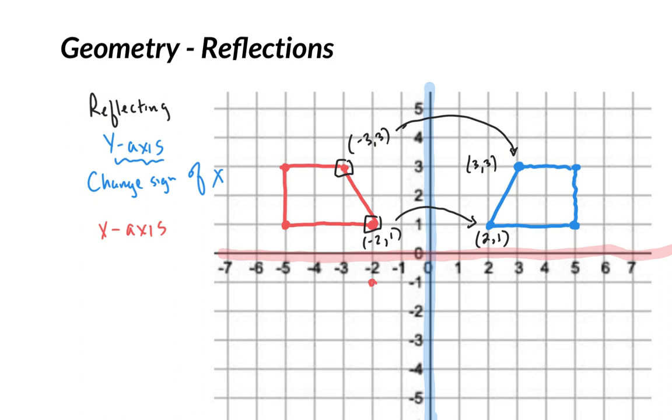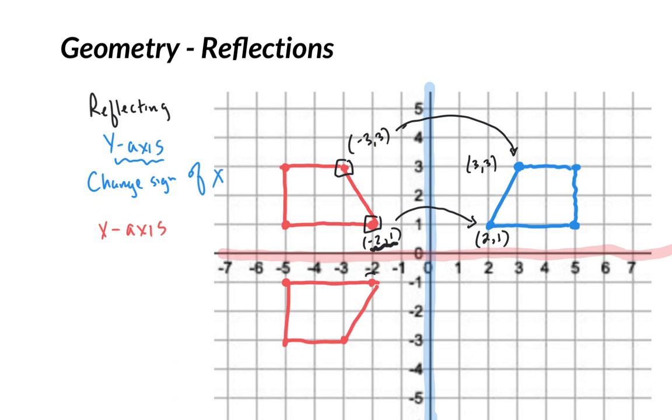Okay. If we were 3 units above, now we're going to be 3 units below. We can kind of fill the rest of these in. And this is a reflection over the x-axis. Now, you'll notice here, my original point was -2, 1.